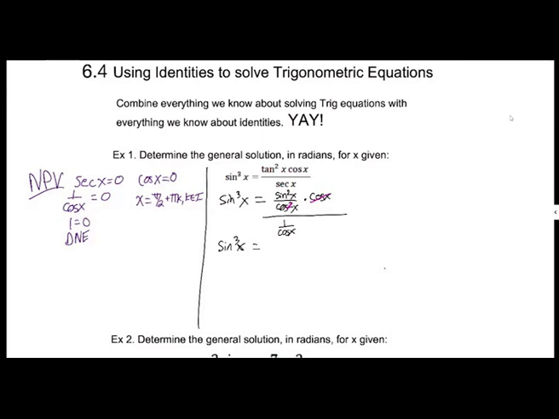I have a sine squared over cos of x in the numerator, and then I have a 1 over cos of x in the denominator. And what's going to happen is the 1 over cos of x and the 1 over cos of x are going to cancel. So I'm left just with sine squared x on the right side at that point.